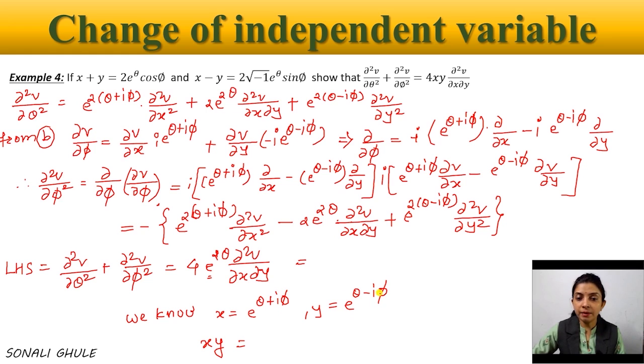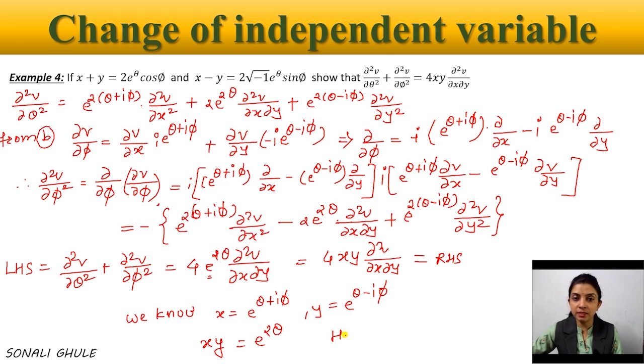So plus i phi and minus i phi will cancel, the term will be e to the power 2 theta. So I can replace this e to the power 2 theta by xy. So here I am going to write 4xy dou 2v upon dou x dou y, that is our required right hand side, and here we can say hence proved.